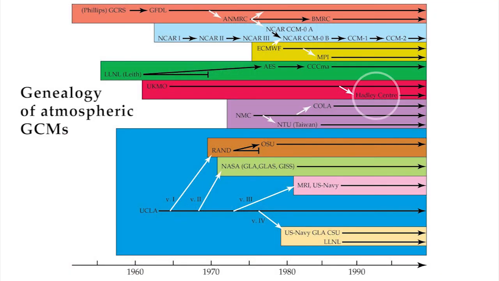Many GCMs, such as the Hadley climate model, use finite difference methods. Other GCMs, such as that of the CCCMA, use spectral methods. Still others, as the community climate model, take advantage of both approaches, using finite differences for vertical and temporal dimensions and spectral transforms for horizontal dimensions.